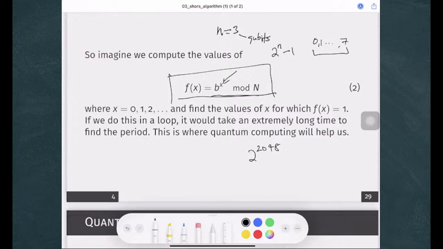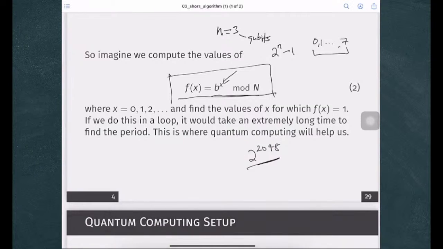You do a for loop to get the value of f of x for all x between 0 and this number. The moment you find the answer equal to 1, you get your period. The period is just the value of x that makes it 1. However, since we don't have infinite life, we have to resort to quantum computing.